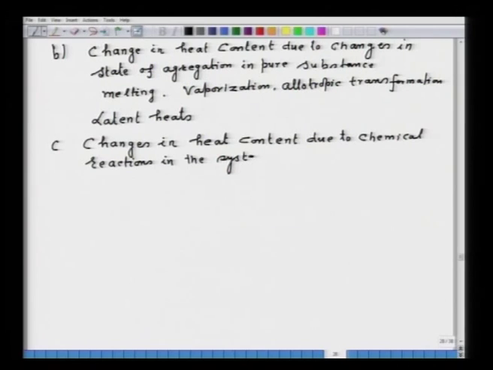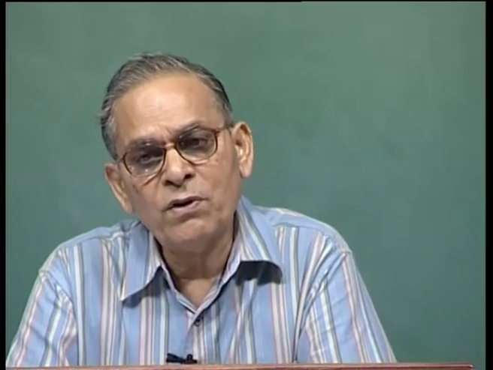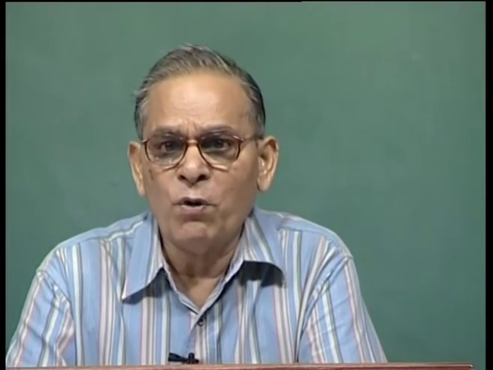Because if a chemical reaction occurs, then heat may be evolved or heat may be absorbed, and that you have to calculate. Now, in order to calculate the heat content due to chemical reaction, one has to proceed with the data on the heat of formation of compounds. Now, this heat of formation of compound that are also listed in any standard book of thermodynamics. So, that is also to be noted while finding out the heat of formation of the compound.